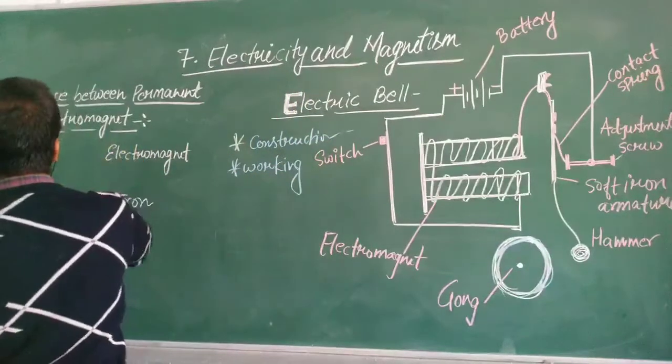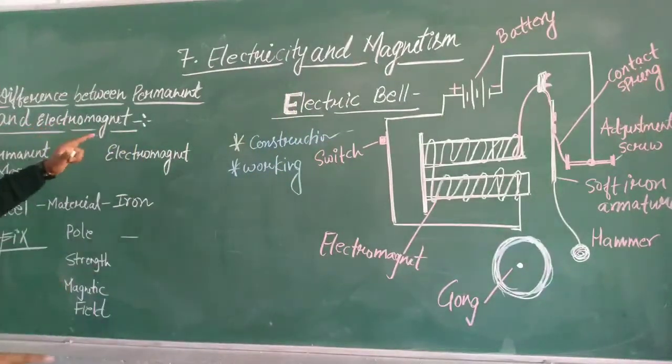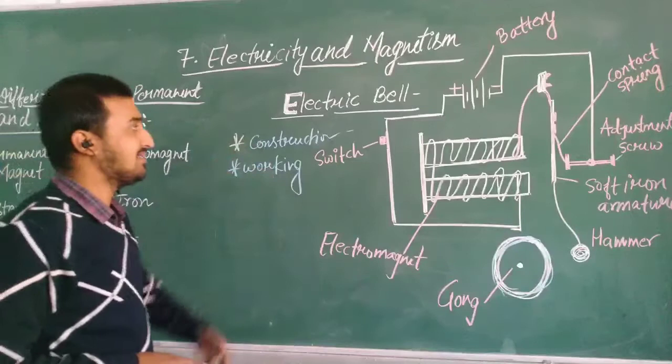Okay. So in this class we have discussed the difference between the permanent magnet and electromagnet. Then we have discussed the electric bell.